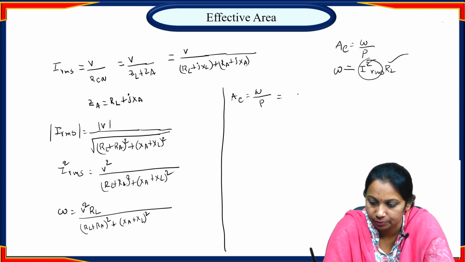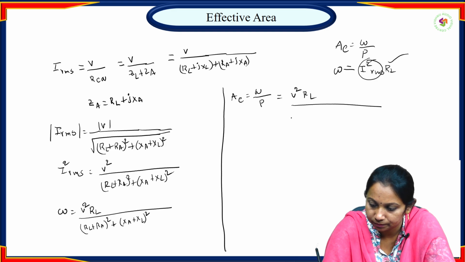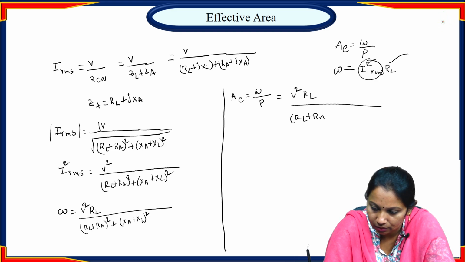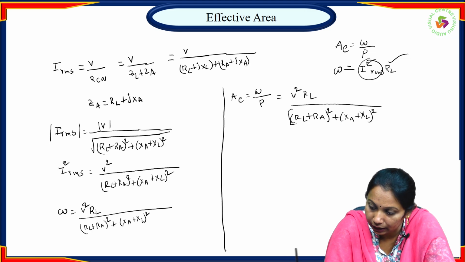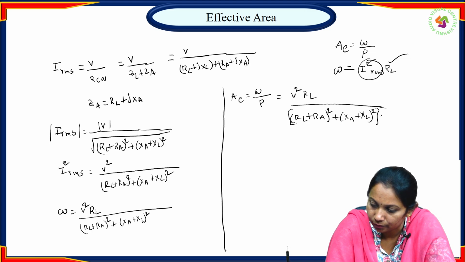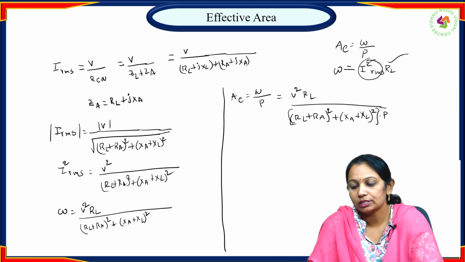Now I will write the expression: V square RL divided by (RL plus RA) whole square plus (XA plus XL) whole square, into, here we have the Poynting vector P. So this is the expression for effective area.